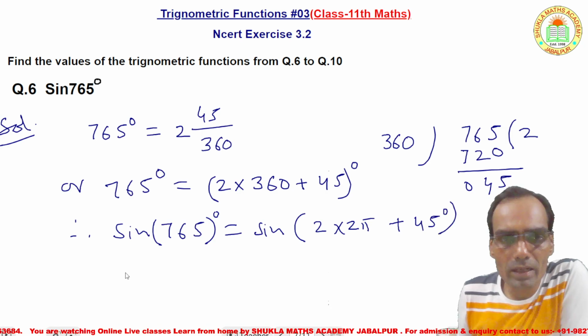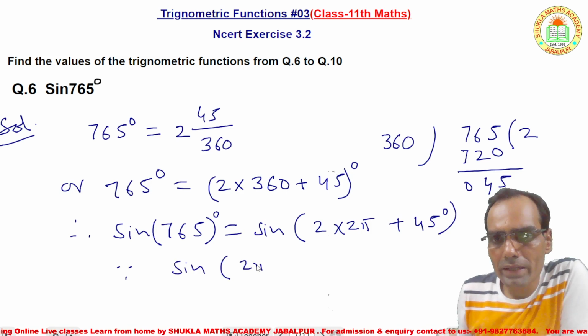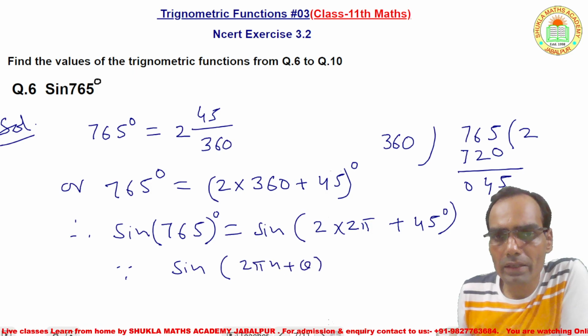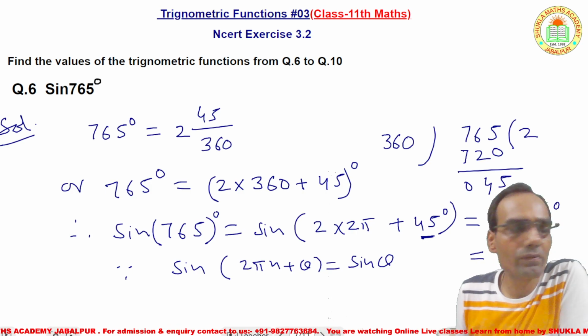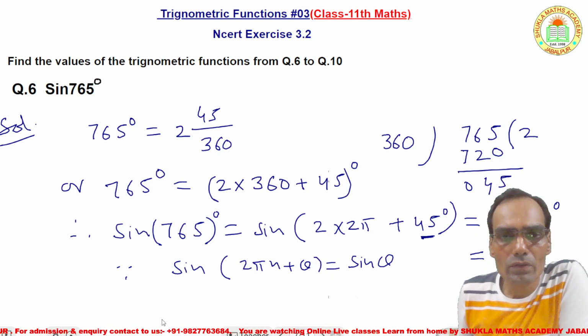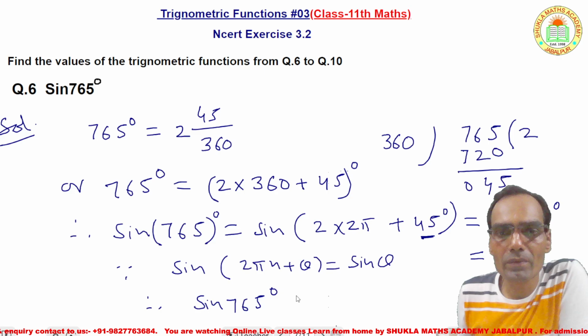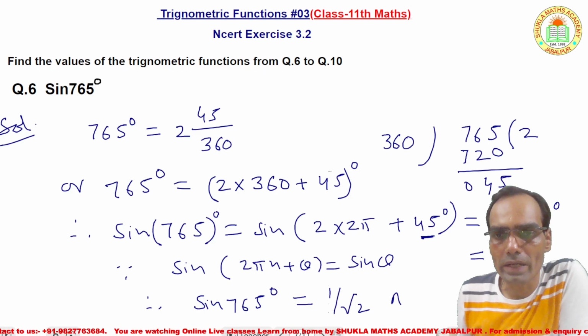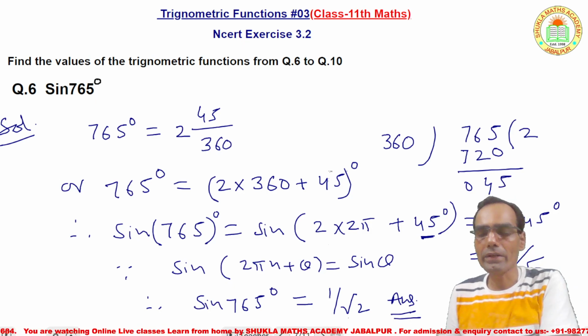Okay, so we know that the formula is sine(2 pi n plus theta) equal to sine theta, right? So our value becomes sine theta, our theta is 45, so we get sine 45 degree, and sine 45 we know is 1 by root 2. So we can say that the value of sine 765 degree equals 1 by root 2. That is the answer of question number 6, right?